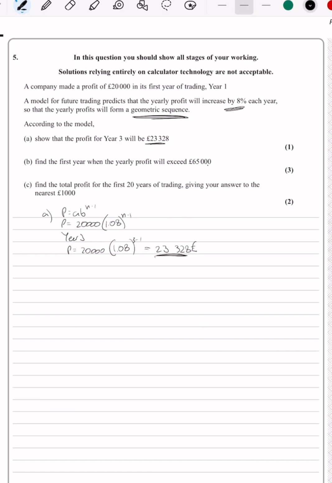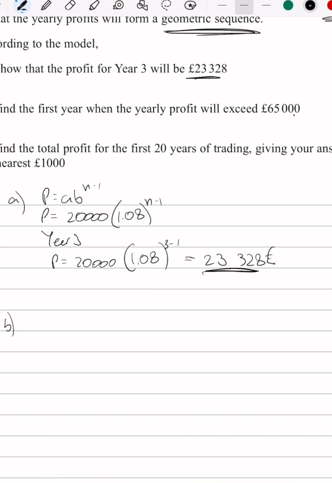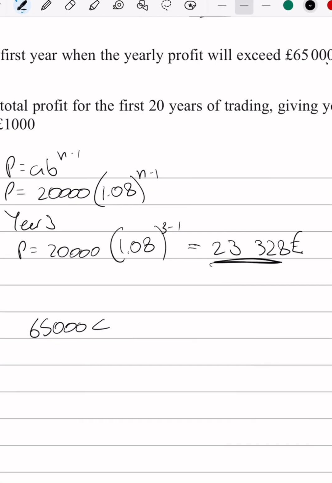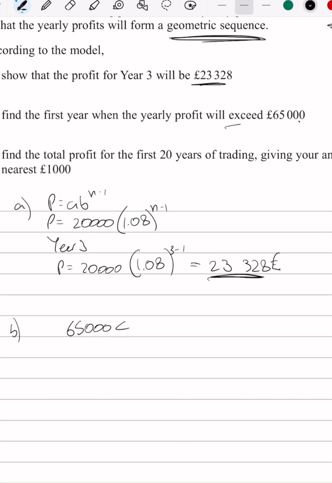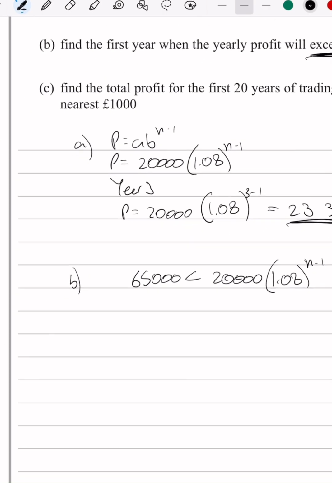So for part B, we want to use the equation which we made in part A, and so 65,000 should be less than the profit made, as it's going to be exceeding it. Therefore 20,000 times 1.08 to the n minus 1.